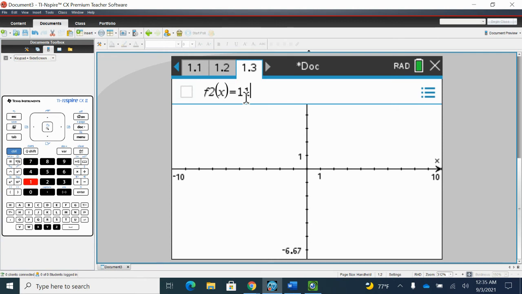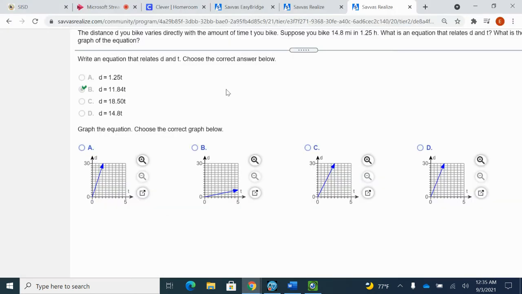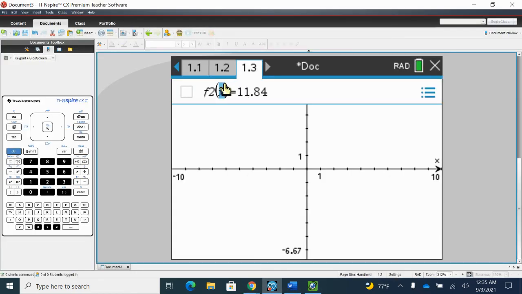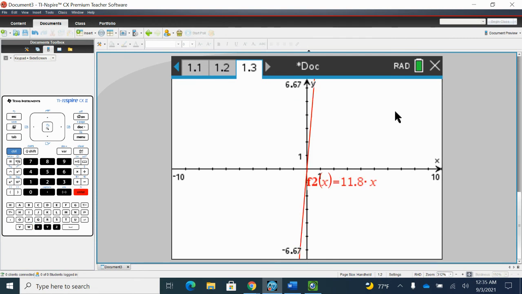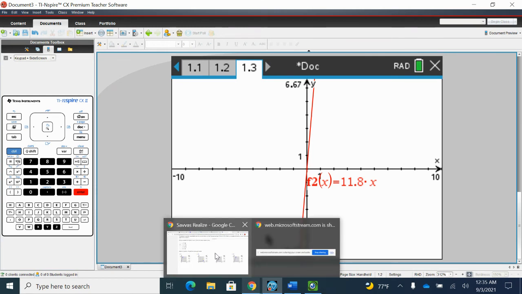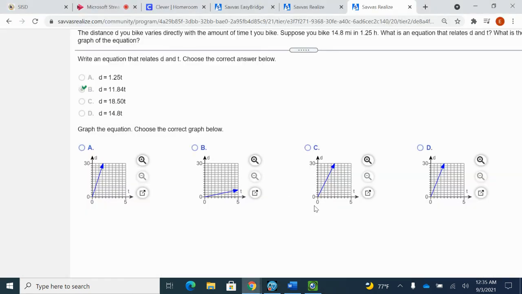Again, it was 11.84. First of all, notice how this is x. So in my graph, it said time, right? This was t, but I'm going to use x because this calculator, as you can see, has a variable of x, right? So don't get that confused. Again, it is a very steep line. I will show you something nice with the calculator. Again, notice how this goes from 0 to 5 and 0 to 30.